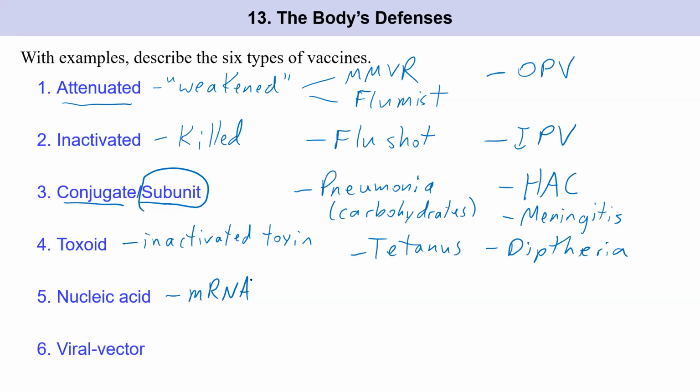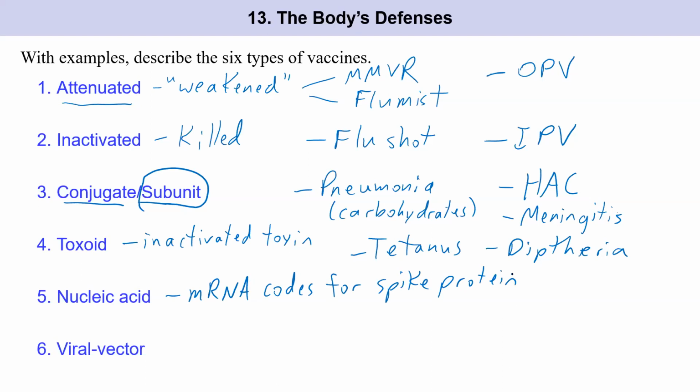Usually the messenger RNA is encased in a lipid that helps deliver it to the cell, and that's how they work. So mRNA codes for spike protein. This gets your own cells to make the spike protein, and then your body recognizes that as a foreign molecule and mounts an immune response against it.